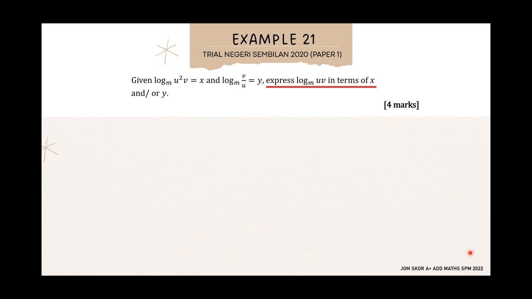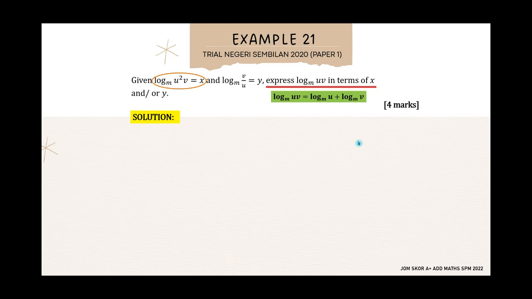Maksudnya bila kita nak gunakan law of logarithm, operasi yang terlibat adalah operasi tambah. Sekarang aim kita adalah if we can find the value of log u base m dan juga log v base m, so insyaAllah okay. Kita nak cari satu persatu. Okay, now kita ada log u square v base m, okay, sama dengan x.